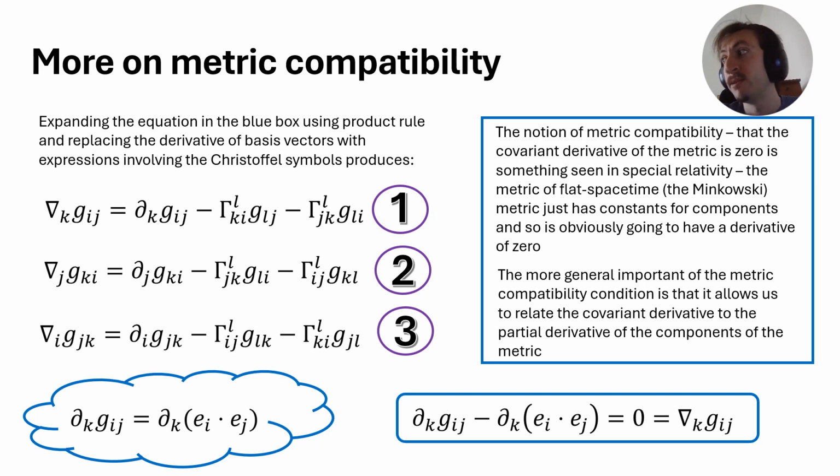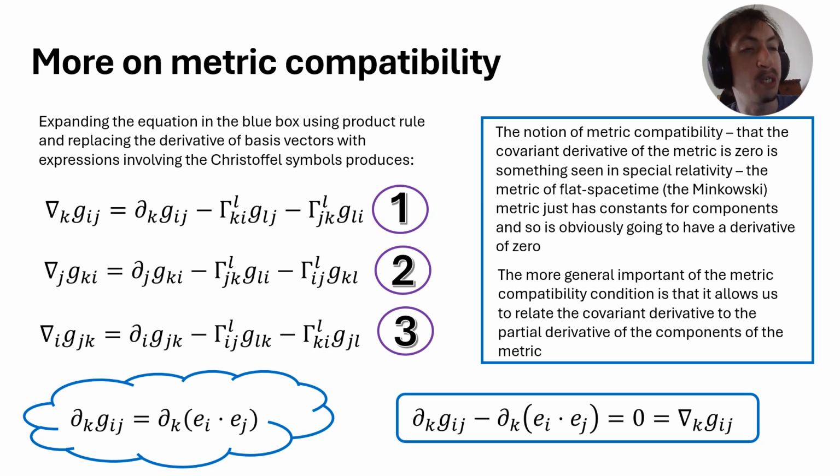And we can relate that curvature directly to the components of the metric, in line with the ideas of relativity for curved space and time. So it's really beautiful what we can do with our conditions of metric compatibility and torsion-free connection coefficients.